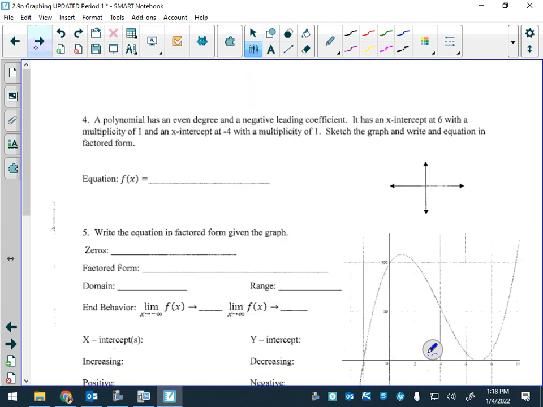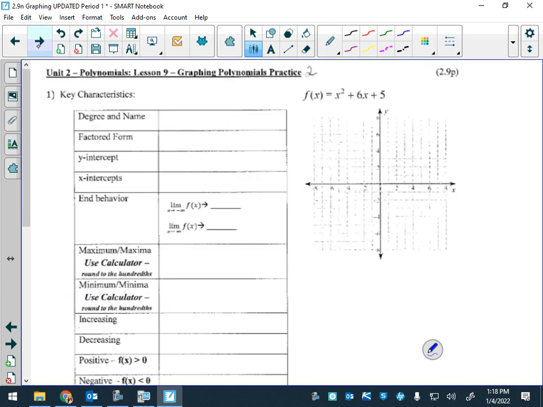If you turn to 2.9 practice, which looks like this, and it should be on page 9 of your notes. Okay, so this is page 9. Now, we are tying everything we have done, including, if you look at the bottom, increasing, decreasing, positive, negative.